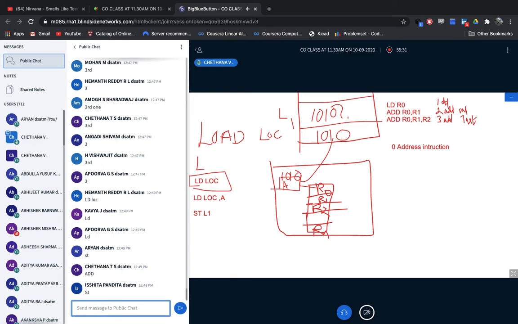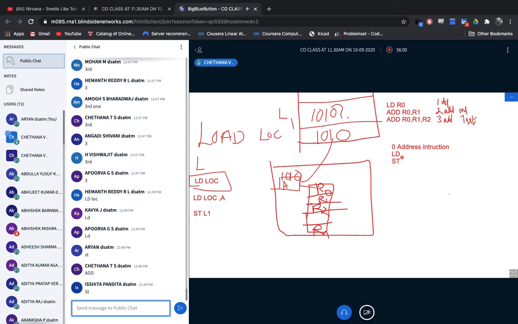Why can you do load? Zero address instructions are LD and next is ST. These are 2 correct answers. Why is it correct? As I told you in the previous example, load means access the data. I want to access some data from a memory location, but I have not given any memory location.